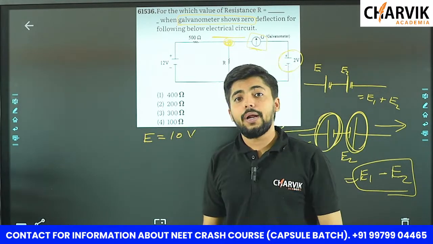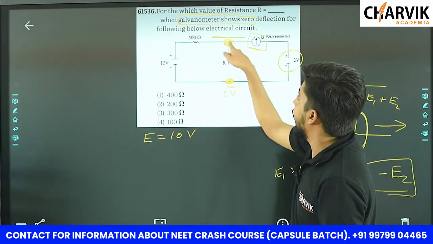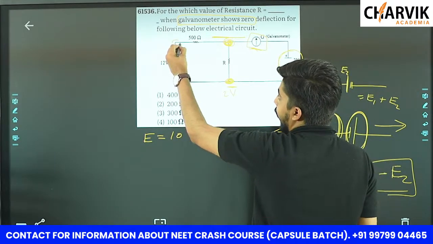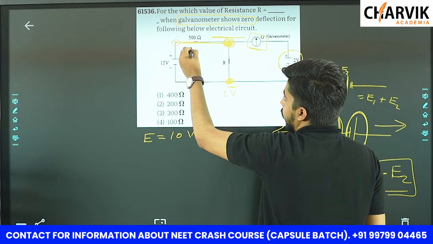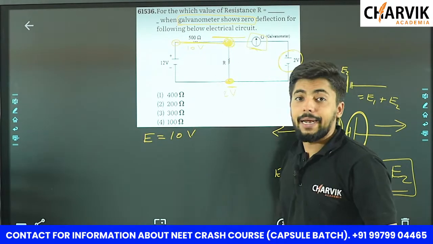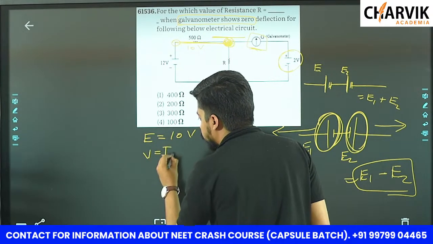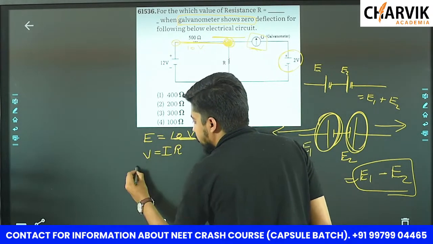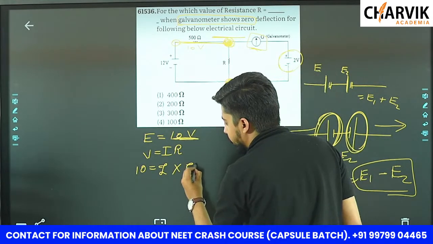So now if you are getting that the EMF is equal to 10 volt, you can simply apply V is equal to IR, Ohm's law, for this particular branch, because this branch is getting the voltage of the 10 volt. And now how do you find the current through that branch, which is V is equal to IR. We have derived the potential, which is 10 is equal to I into resistance, which is given as 500.